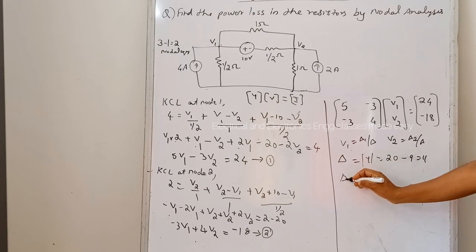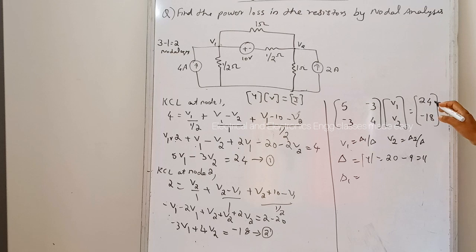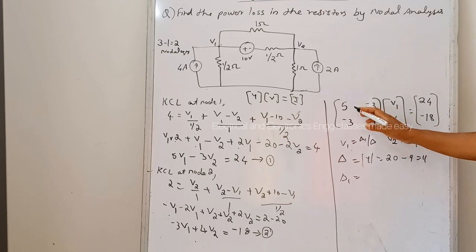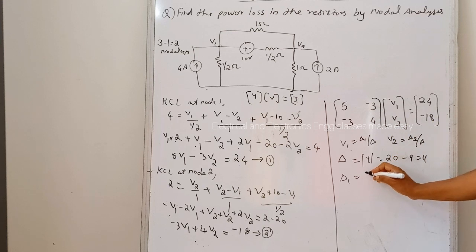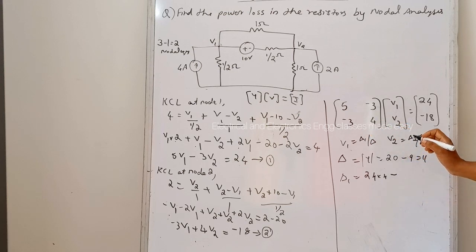Then delta 1 is obtained by replacing the first column elements with the current column matrix. So we get 24 into 4 minus 18 into 3, and that is equal to 42.